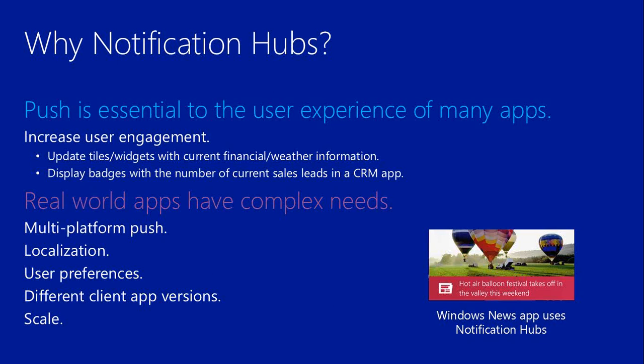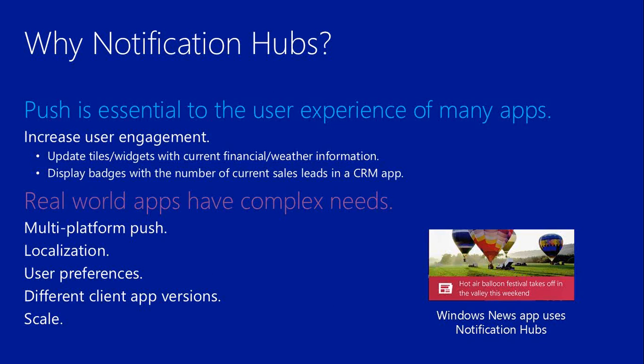Then user preferences. Some users may want the weather update in degrees Celsius, some may want it in Fahrenheit. So we have to take user preference into account when pushing notifications. Then different client app versions. Each app has different versions, so we have to make sure which app version is running where, because some notifications may not run on some versions and some may not run on other versions.